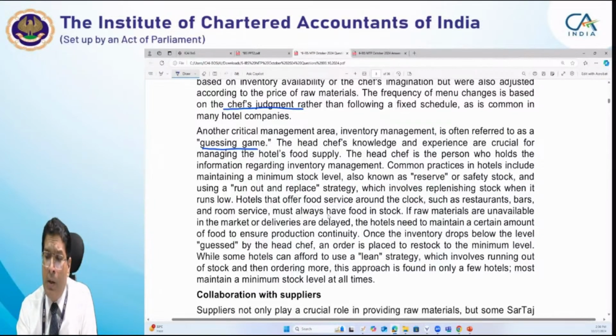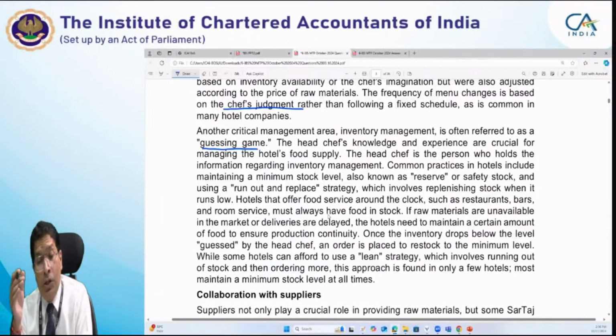Common practices in hotels include maintaining a minimum stock level, also a reserve or safety stock, and using a run out and replace strategy, which involves replenishing stock when it runs low. Hotels that offer food service around the clock, such as restaurants, bar, and room service, must always have food in stock.